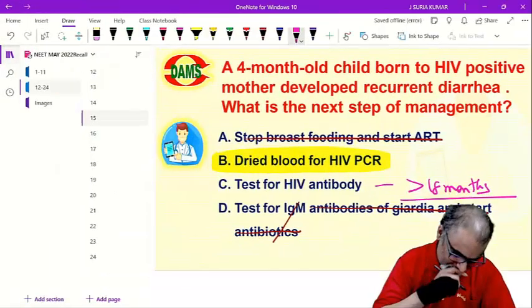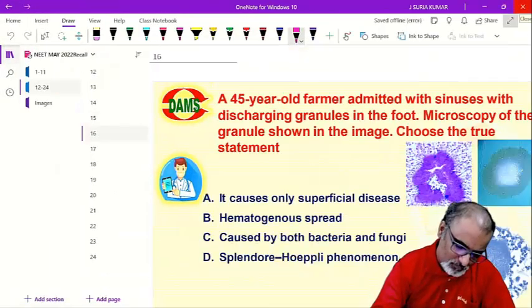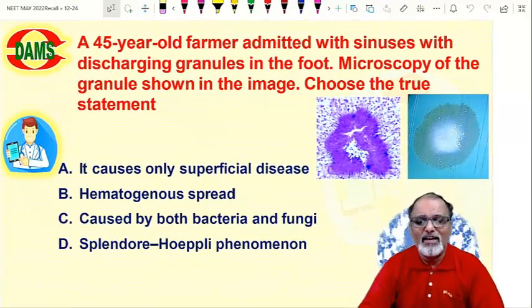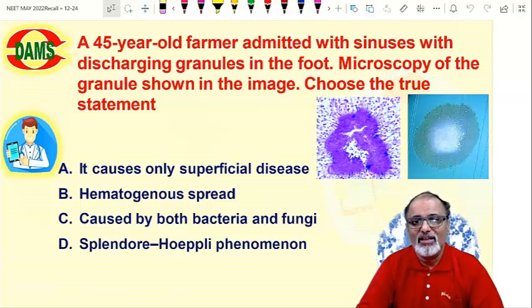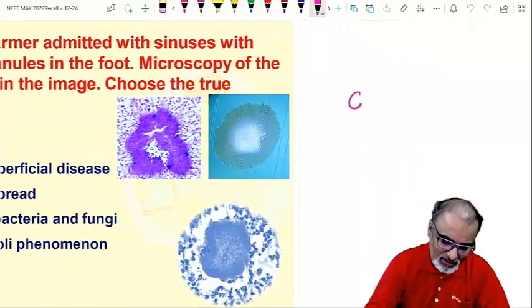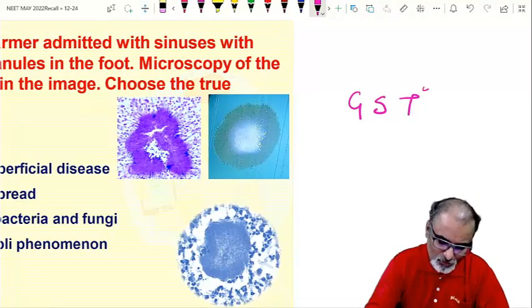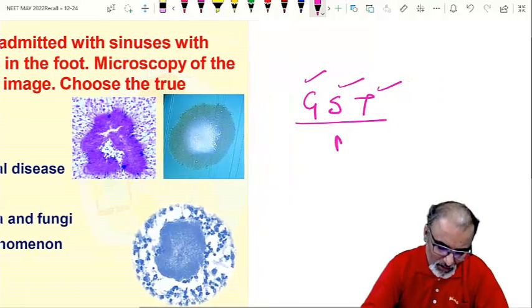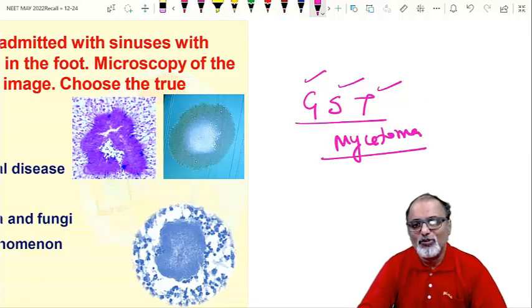Next is, see here, a 45-year-old farmer admitted with sinuses with discharging granules in the foot. Sinus, granules, tumor. Remember the mnemonic GST. If these 3 are there, then we call it mycetoma.